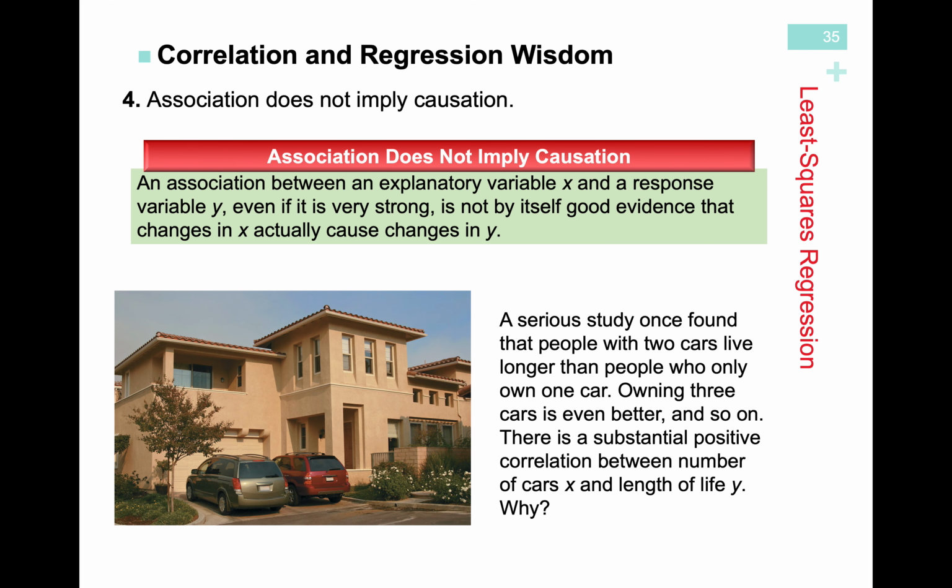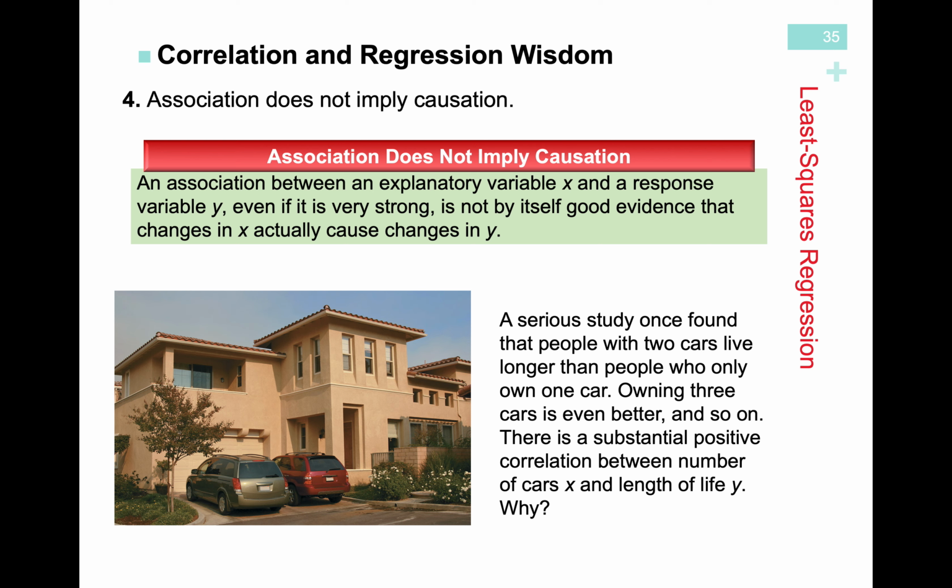So a serious study once found that people with 2 cars live longer than people who only own 1 car. Owning 3 cars is even better for people's lifespan, and so on. So there is a substantial positive correlation between the number of cars, x, and the length of life, y. And then the question, why? We don't really think buying a car all by itself is going to make you live any longer. The strong association here is likely to do with another variable, and that's money.